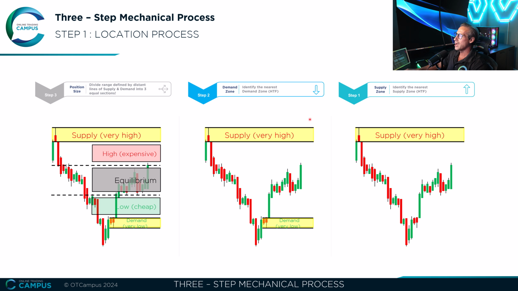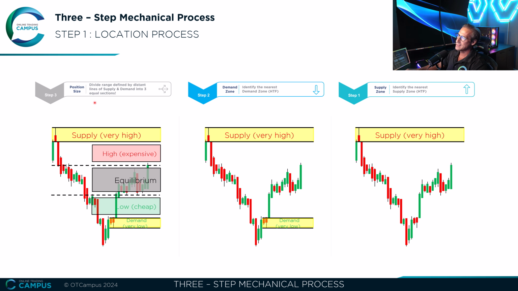So, from right to left, again, step 1, you find the nearest supply zone that has to be fresh based on our freshness rules. Then you go to step 2, which is you identify your first fresh demand zone based on your freshness rules. Again, all of that on a higher time frame.